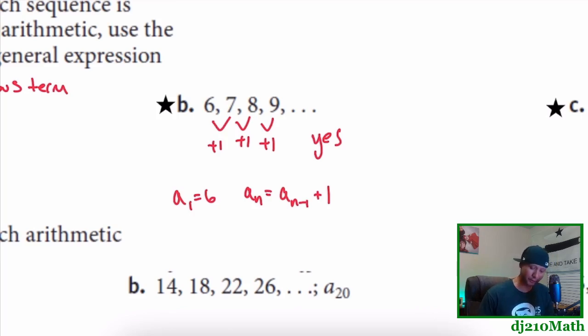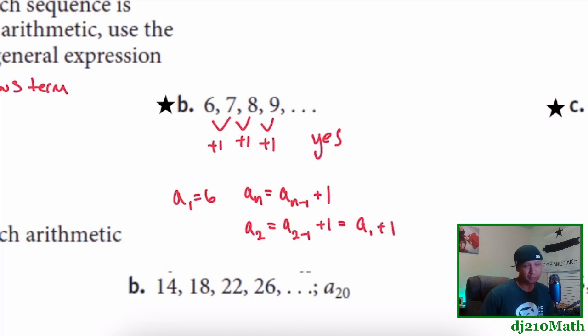So let's think about that for just a moment, right? If I know that a sub 1 is equal to 6, a sub 2 would be a sub 2 minus 1 plus 1. So a sub 2 minus 1 is really, what's 2 minus 1? A sub 1 plus 1.